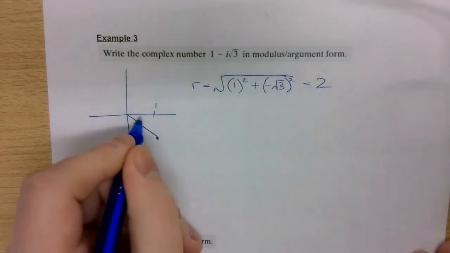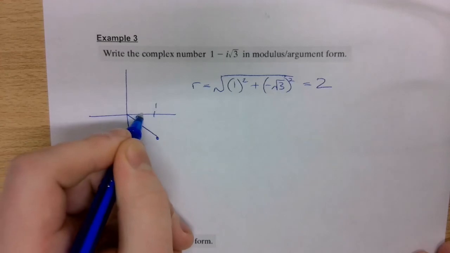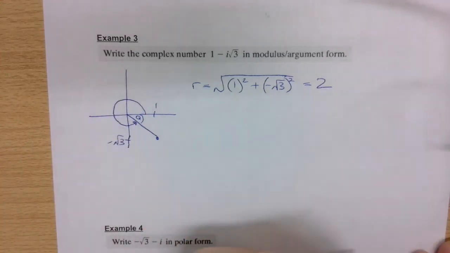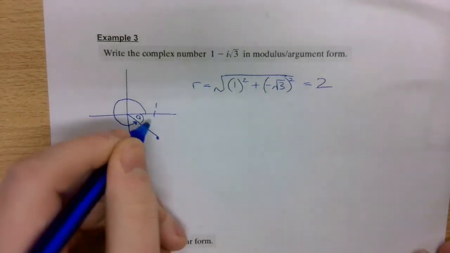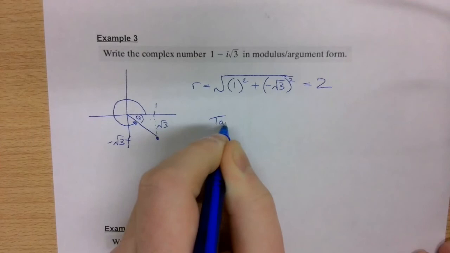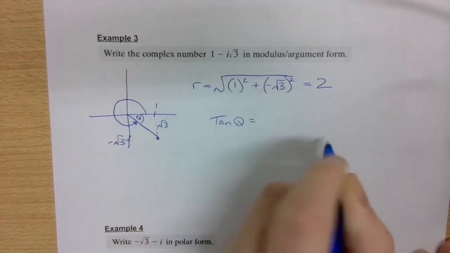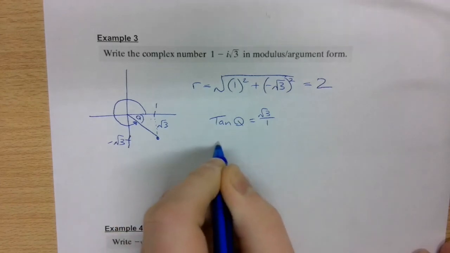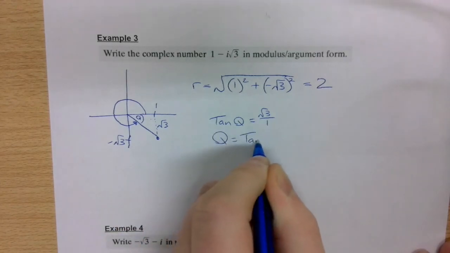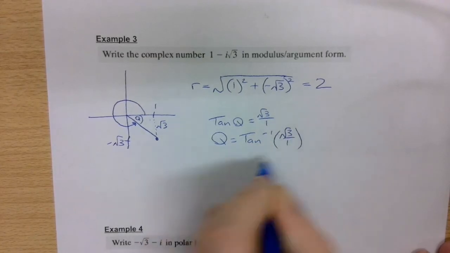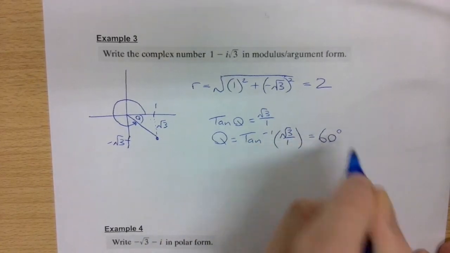Then to find the argument, we're going to find this angle here, but remember we have to find the angle from the positive real axis right around to this point, so it's going to be 360 take away whatever our angle is. To find that, you're always going to use the tan, so tan q is the opposite, which is root 3, over the adjacent, which is 1, so q is equal to the tan inverse of root 3 over 1, which is equal to 60 degrees.